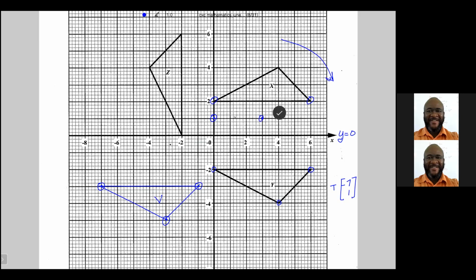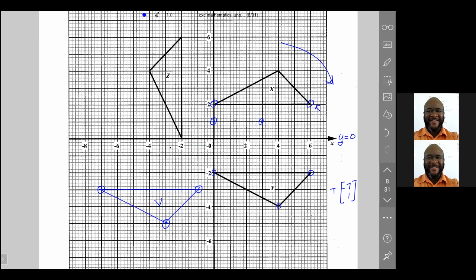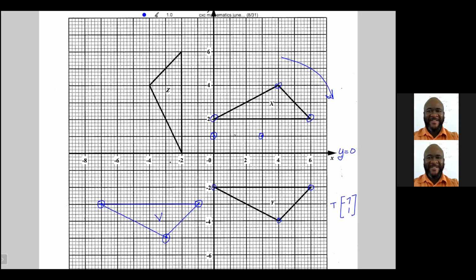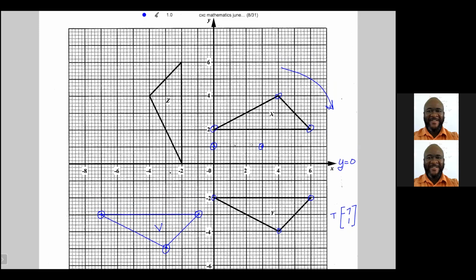So that's going to be the new position for this vertex, over here. And now we just need to find the image of this last vertex. The distance from the center to that vertex is 4 units to the right, 4 units up. If you halve that, it's going to be 2 units right, 2 units up. This is the new image of that point.